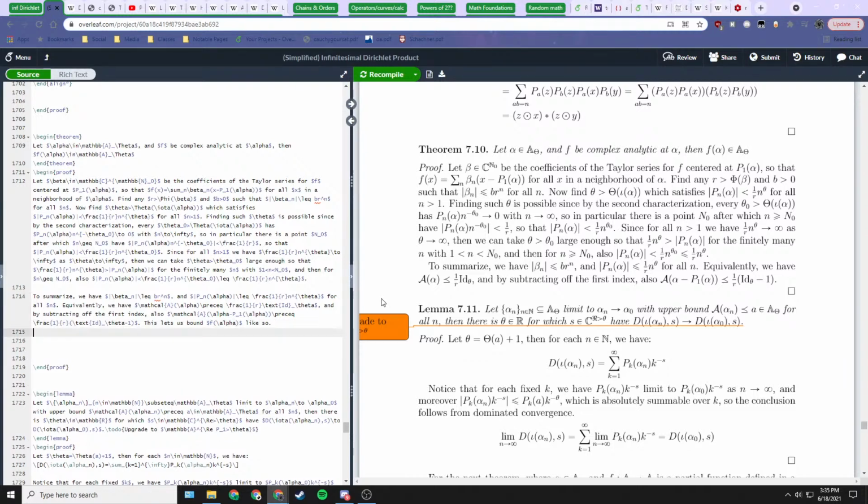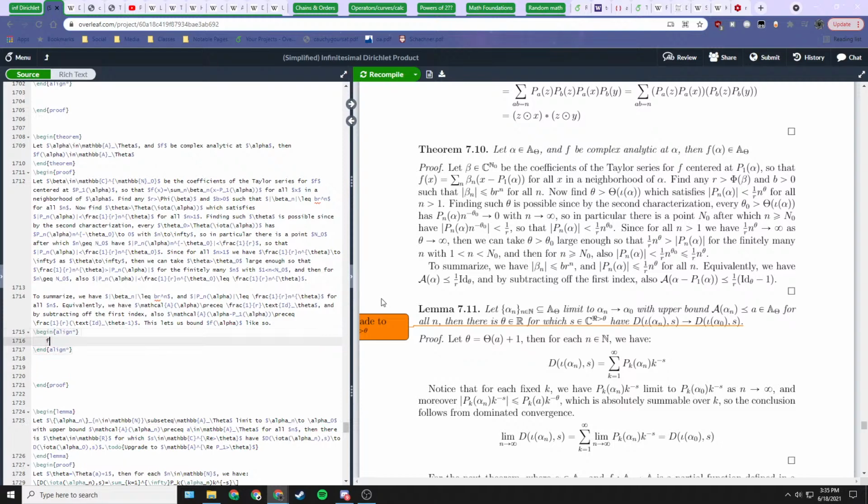Okay, this lets us bound f alpha like so, and now we have the math. So f alpha is bounded by the sum from n equals 0 to infinity of the absolute value of beta sub n, times alpha minus p sub 1 alpha to the power n.